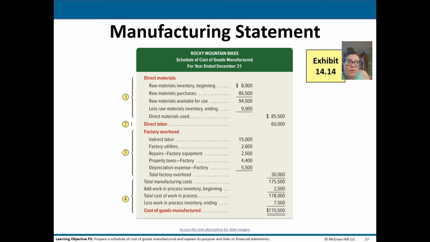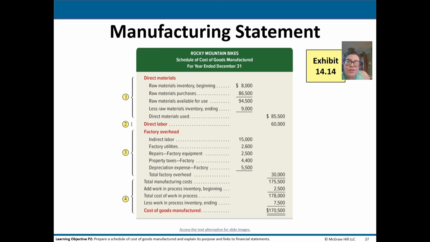So now, the last step is compute cost of goods manufactured. So you take your total manufacturing costs, which is the $175,500. That's the $85,500 plus the $60,000 plus the $30,000. So that's $175,500, the sum of direct materials, direct labor, and overhead.